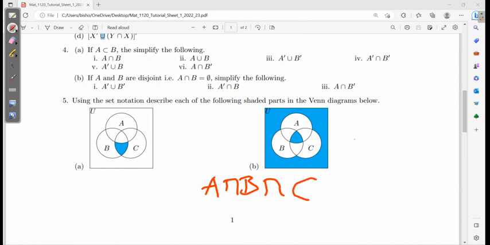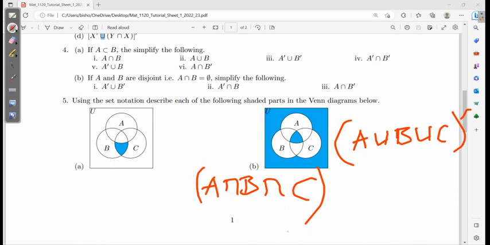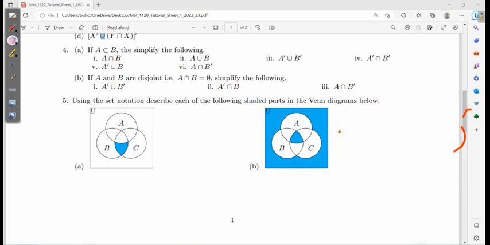That is the complement of all the sets: A union B union C complement. Now, how can you combine them? You can just combine them using union. That's all, home and dry. So these things are not as complicated as they appear when you look at them.